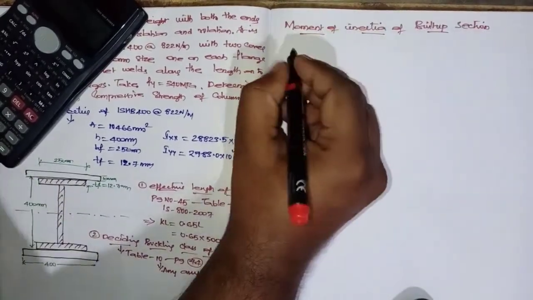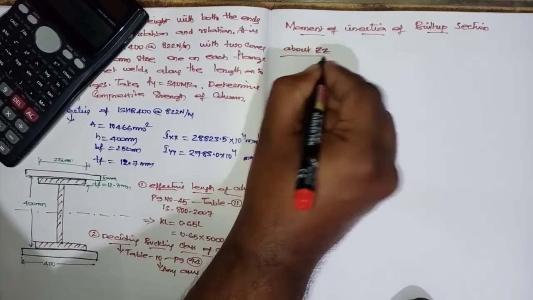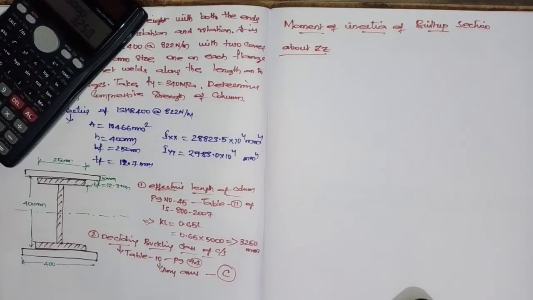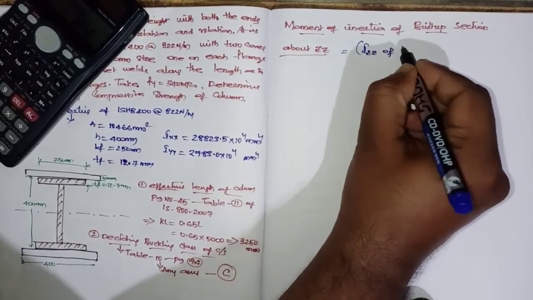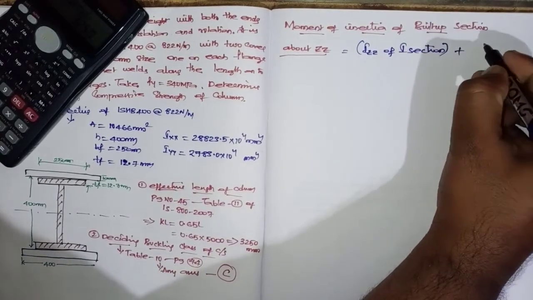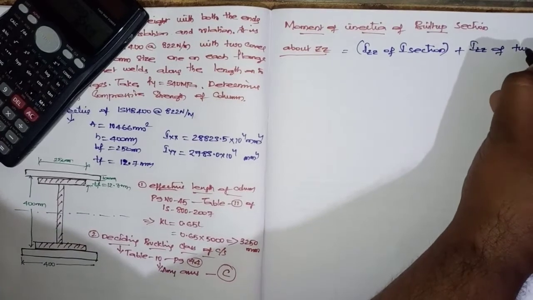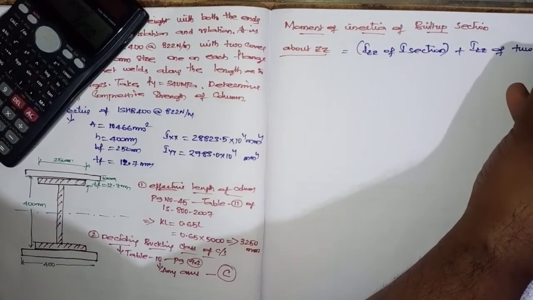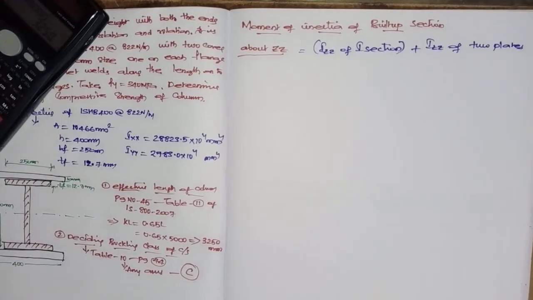Now first about ZZ axis. The moment of inertia about ZZ axis is IZZ of I section plus IZZ of two plates. This is the moment of inertia in general.